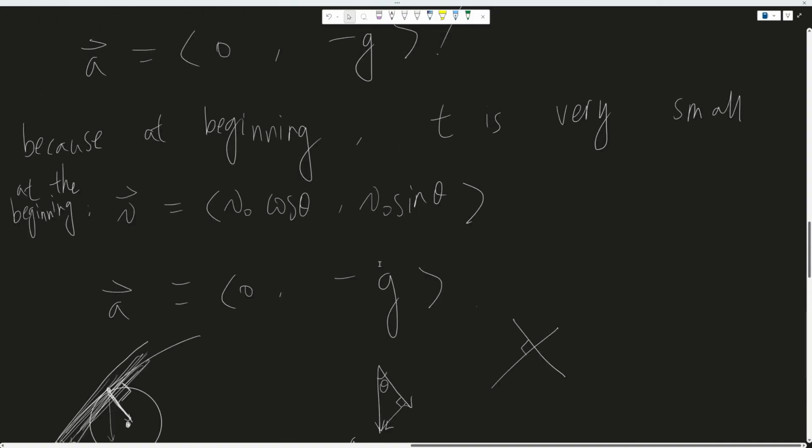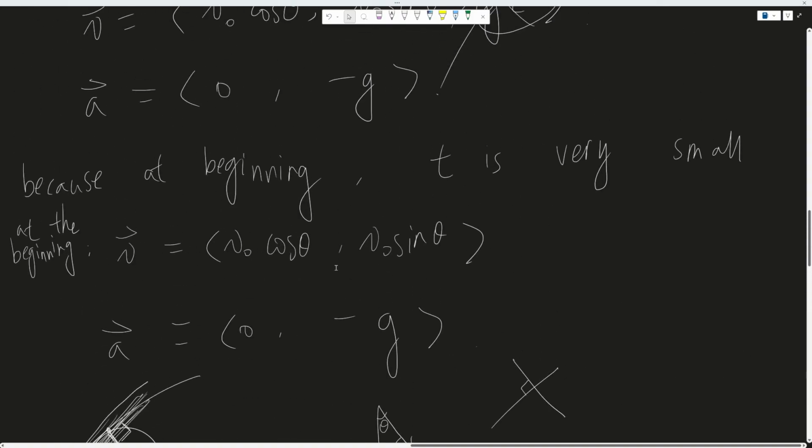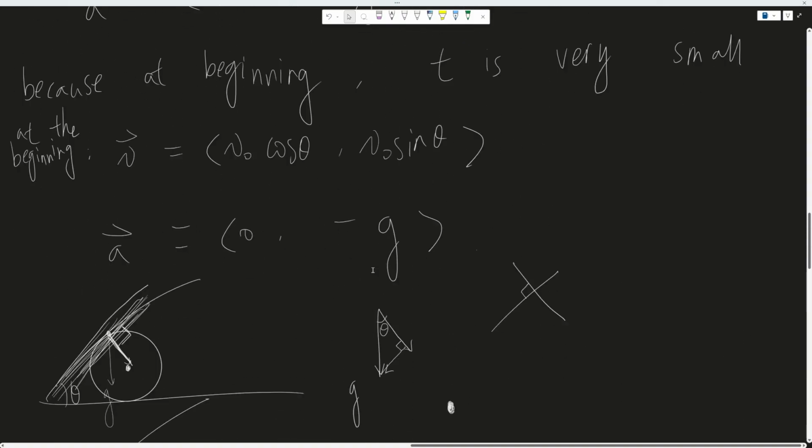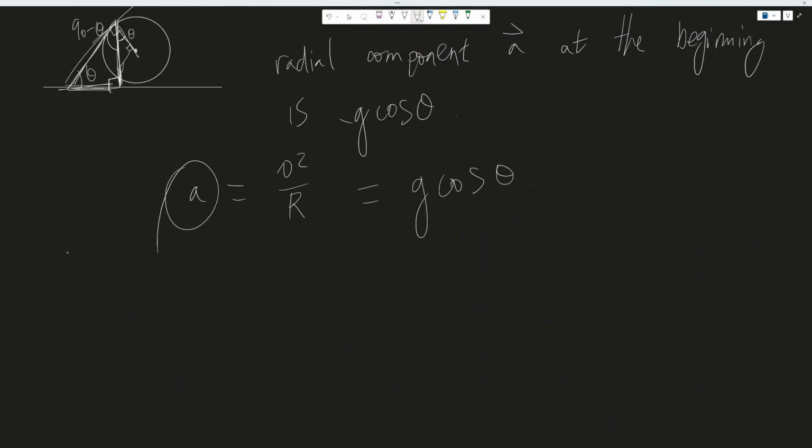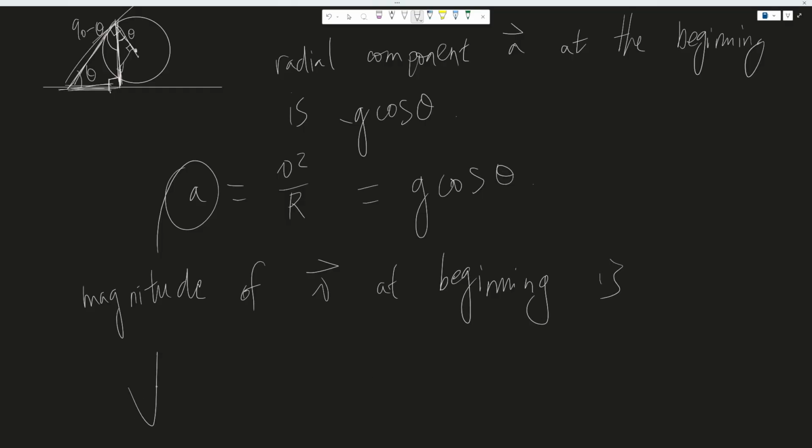And what's V squared? So we know V is this. What's the magnitude of V at the beginning? At the beginning, the magnitude of V is the square root of (V0 cosine theta) squared plus (V0 sine theta) squared.